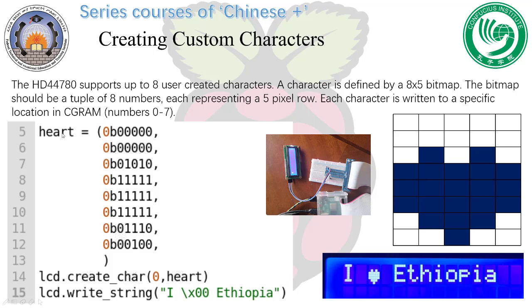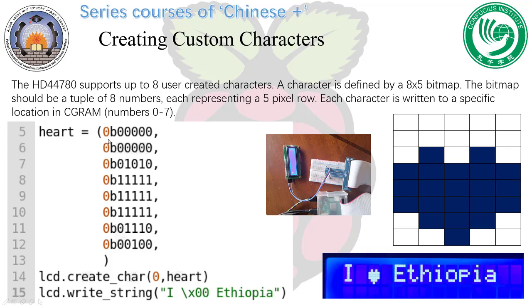For the heart, first these 5 pixels are white. White we use 0, so you can use tuples. What is a tuple? In the future we will introduce more.